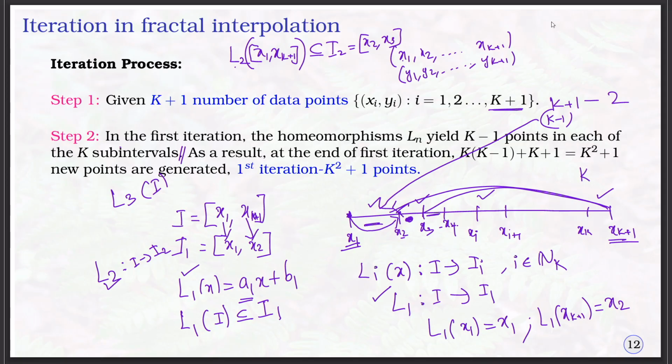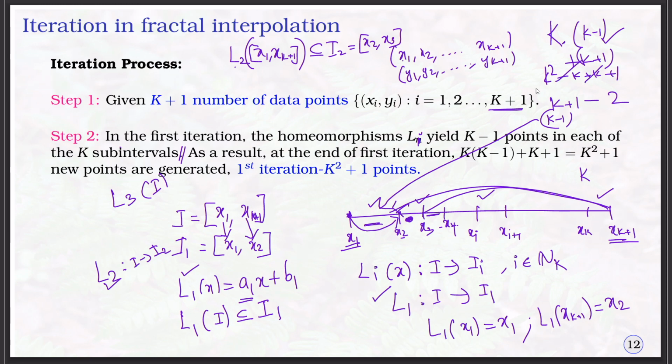In each interval, k minus 1 points will be generated by the map Li. So after the first iteration, in each subinterval we have k times k minus 1 points, plus the k plus 1 points, which is equal to k square minus k plus 1.